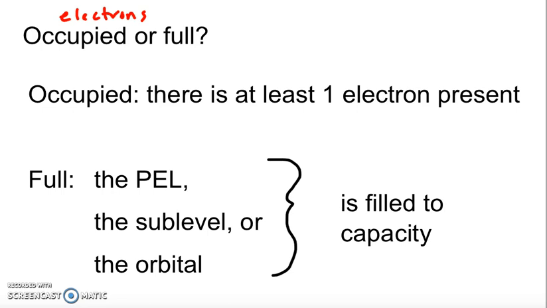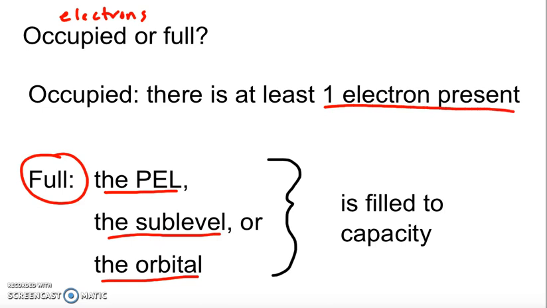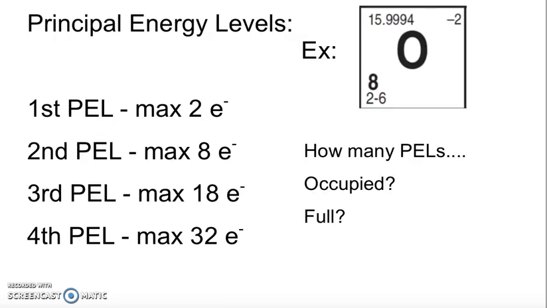And if it's full, are we talking about whether the principal energy level is full, the sublevel is full, or the orbital is full? If they're filled to capacity, then we can say that it's full. If there's at least one electron present, but not necessarily full, we would say that area is occupied. So we have to look at principal energy levels separate from sublevels, separate from orbitals.